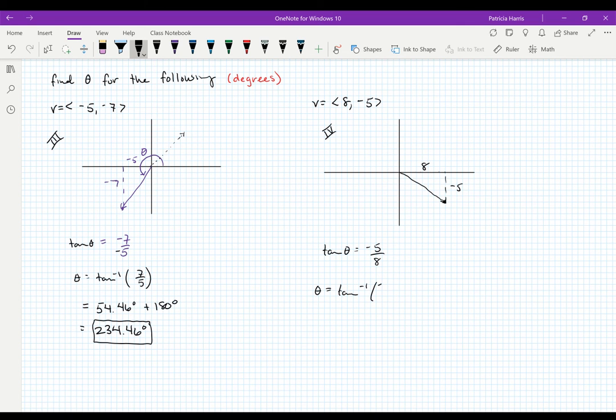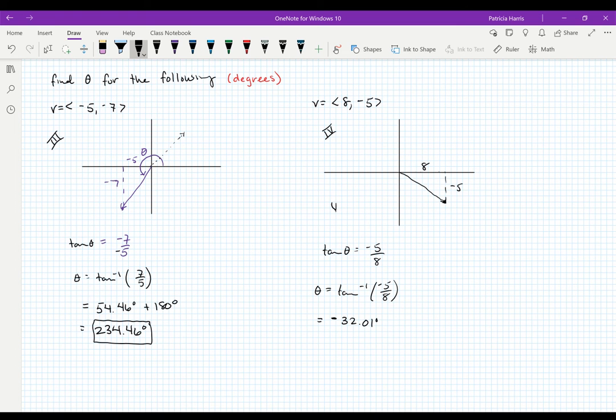Again, we're using the calculator. The calculator will spit out a negative 32.01 degrees. Now I don't really want that negative degree.